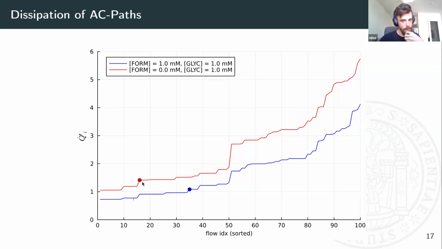But in the red curve, which is a lower concentration regime, the Breslow cycle gets better. So we're still worse in comparison to the blue curve, but better compared to all the other flow solutions that you get for the thermochemical landscape that results in the red curve. And that might be an interesting result here, because according to the literature, the Breslow cycle usually seems to run better in a low concentration regime.